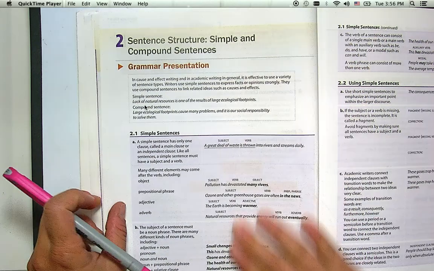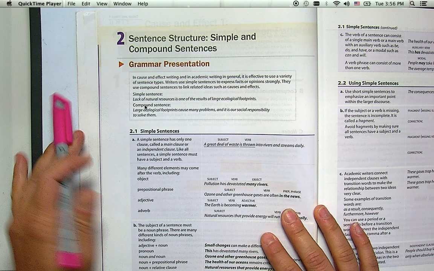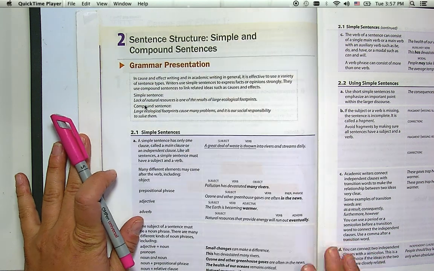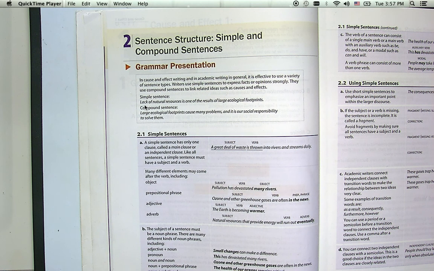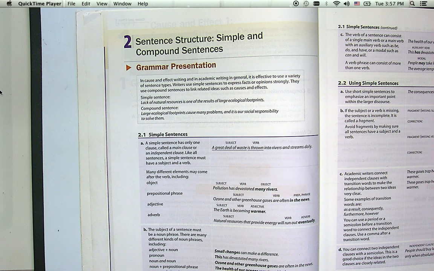All right, the introduction to the grammar presentation is about sentence structure, simple and compound sentences. Now this goes along with the conjunctions video that we already watched. That was to review some conjunction rules from level 1 and level 2 grammar.